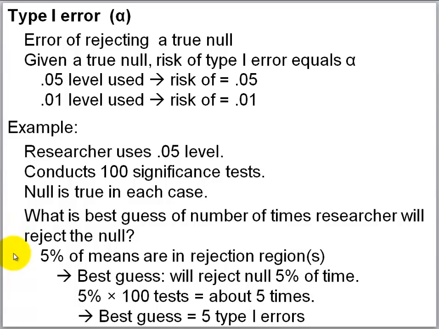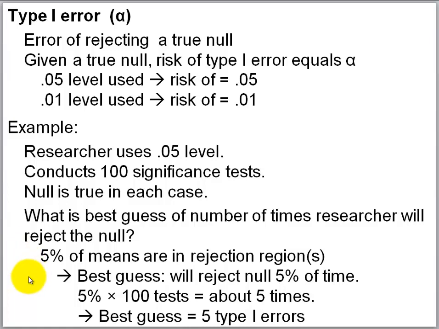Well, when you use the 0.05 level, 5% of means are in the rejection regions. In any given sample, there is a 5% chance of, by the luck of the draw, obtaining a mean in the rejection region.